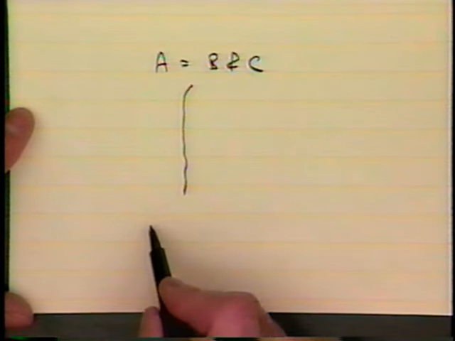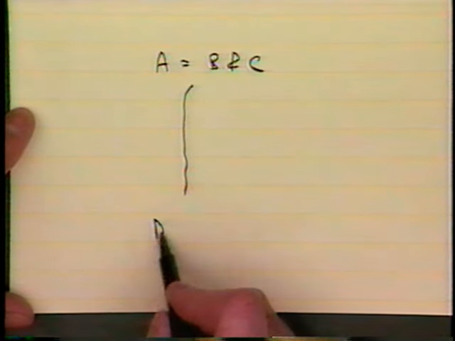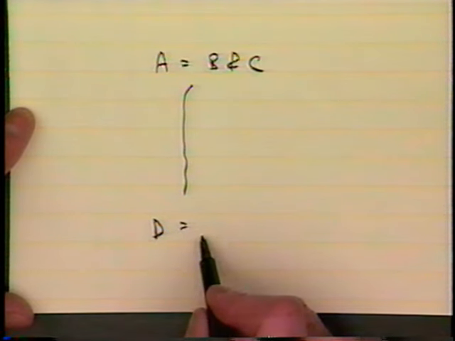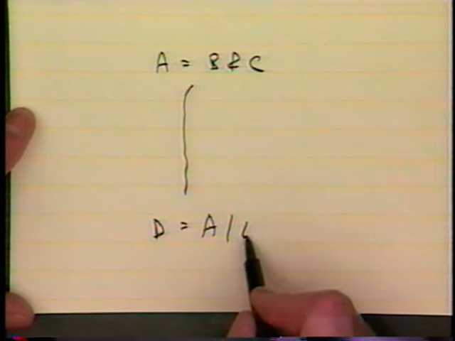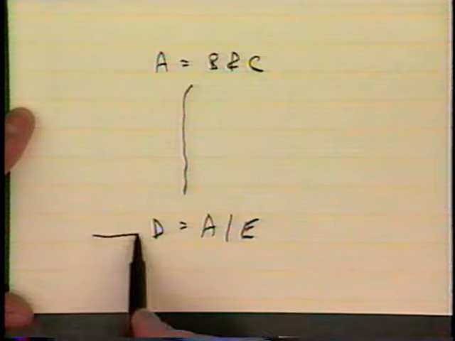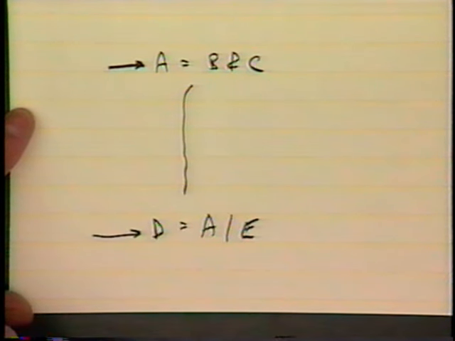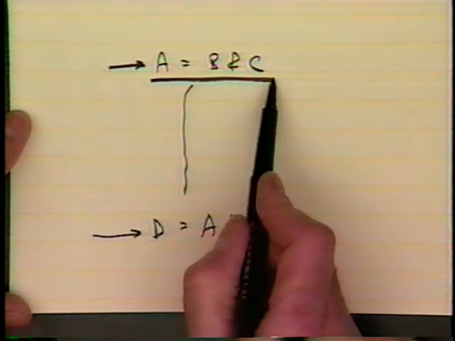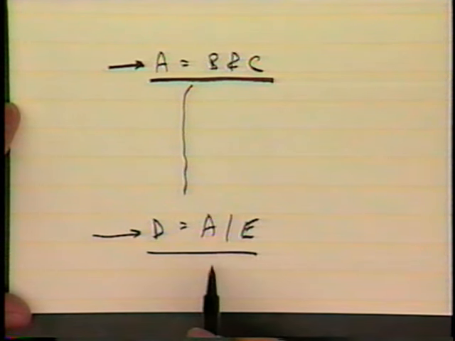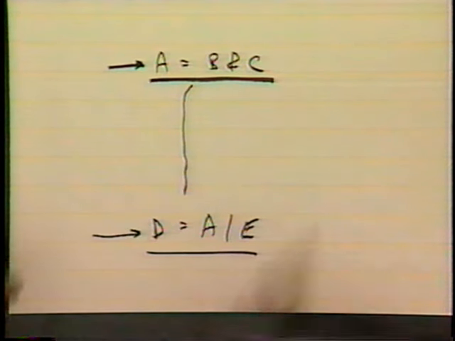In Verilog, you can write a statement like a variable A has a computed value from B plus C, and someplace later in the program you write a statement that says that D is a computation based on A and E. And you don't expect this statement to be executed at the same time this statement is executed. But in fact, in Verilog, that kind of thing can happen. As soon as you execute this statement, then this statement will take effect, even though it's somewhere else off in the text of the program.